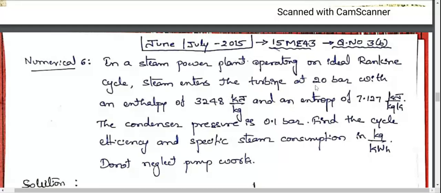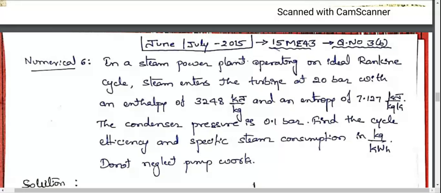I will repeat it again. At 20 bar, note down the value of Hg from the steam table. Hg is nothing but enthalpy of gas, that is called dry steam. The value of Hg at 20 bar, if it is less than the given enthalpy, then it is superheated steam.